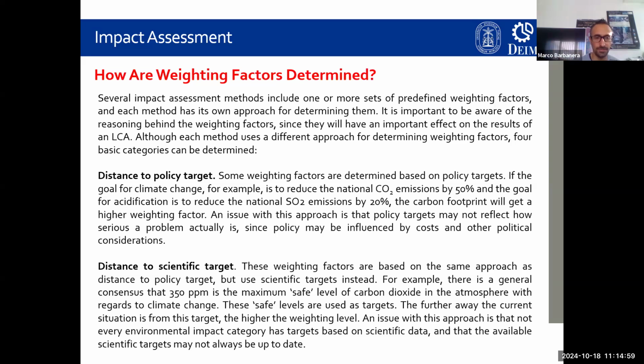So this is the idea. The weighting factors are calculated according to the distance to the targets.